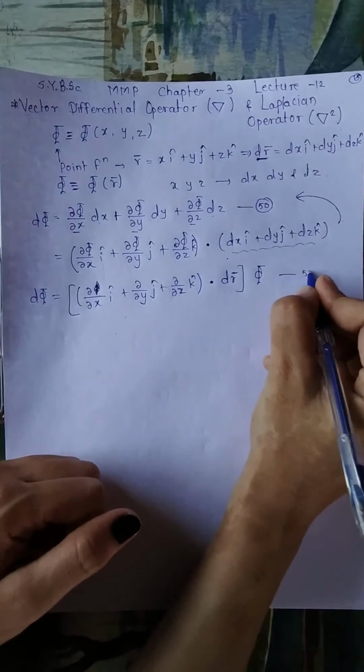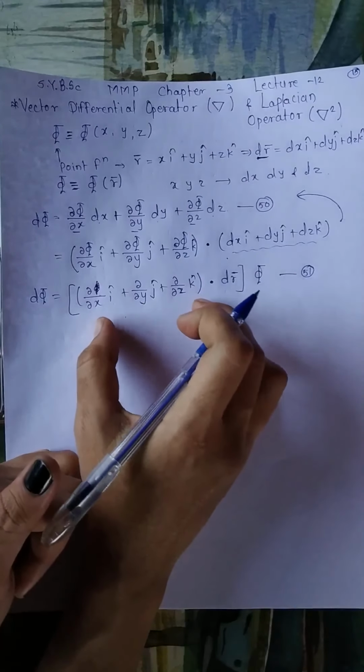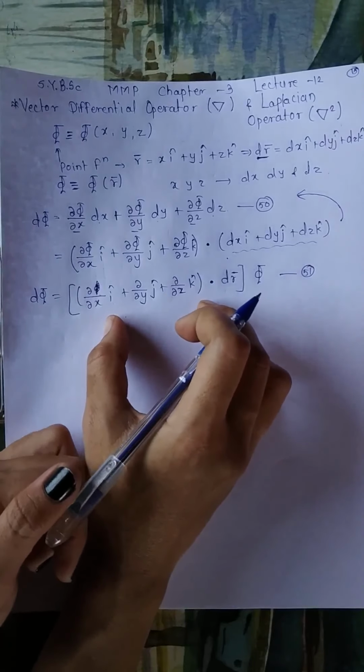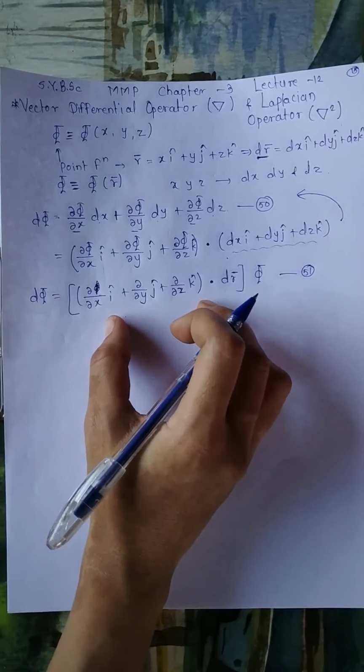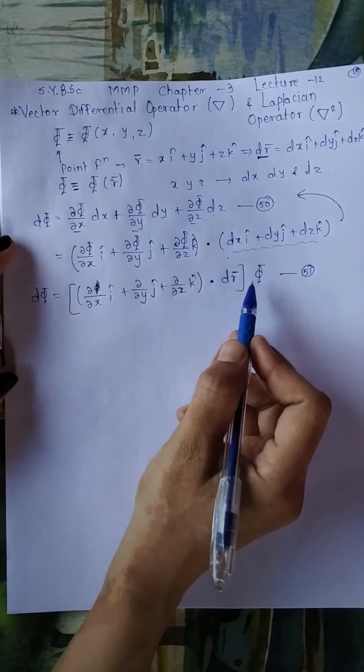Let me call this equation 51. The bracketed quantity in equation 51 is the result of a certain differential operator in vector algebra, which is operated on the scalar function phi.